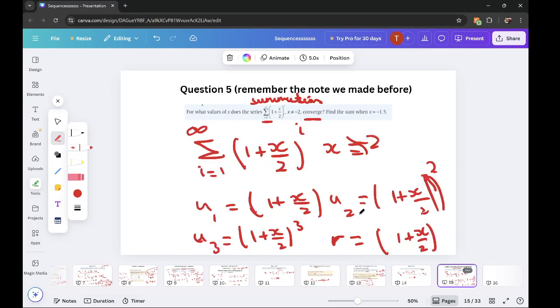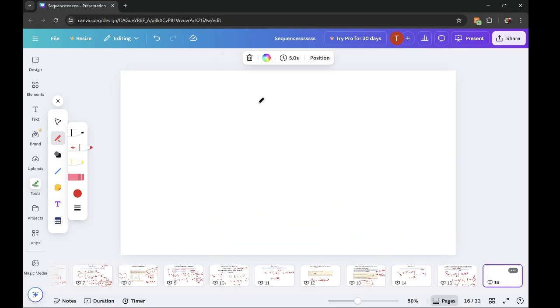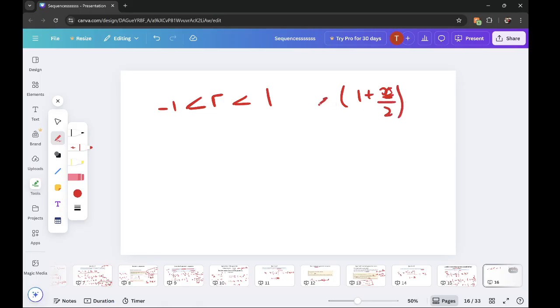So what we do in this case is we put r between those two. r has to be greater than -1 and less than 1. Anyway, 1 plus x over 2 is between -1 and 1, since we know that this is r.